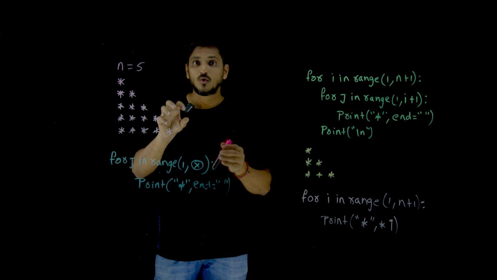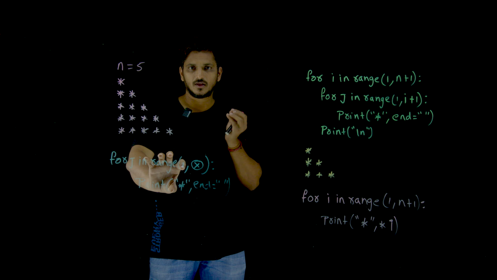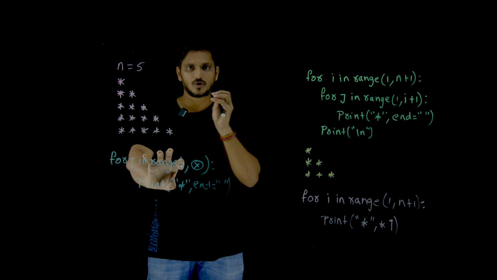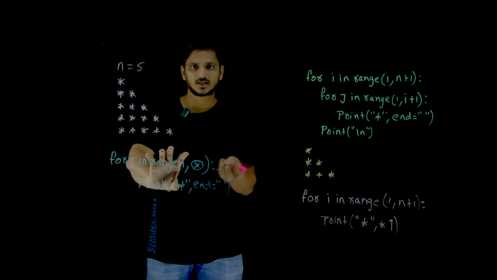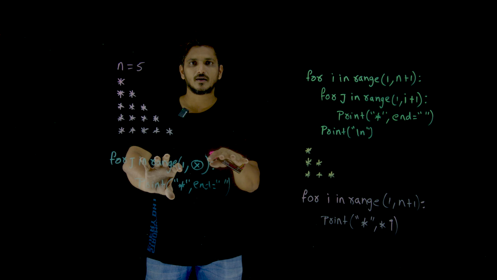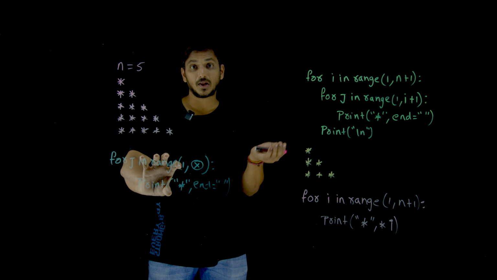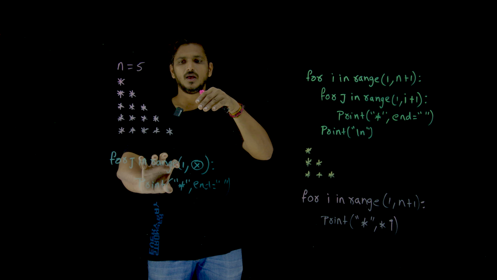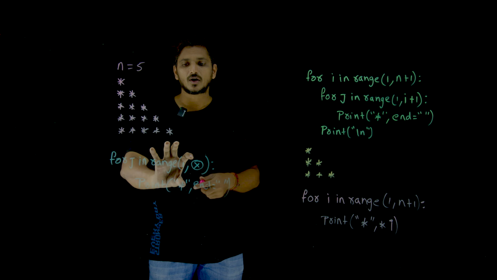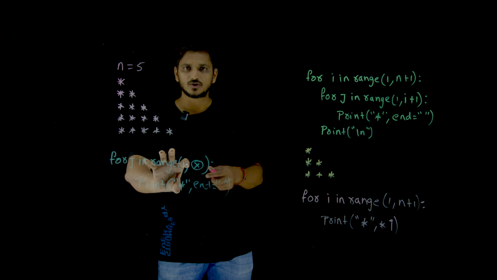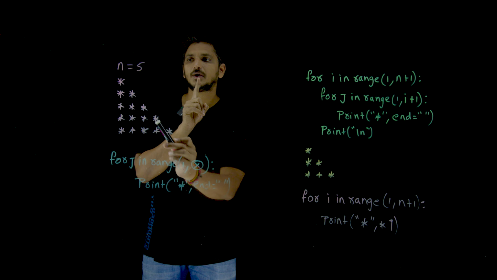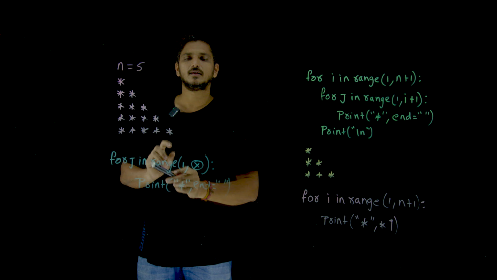Now the same code repeats for the second line, the third line, the fourth line, the fifth line. This means if you place this piece of code in a loop, that is what a nested loop is. But the point you need to understand is that the first time you execute, this loop has to execute one time because it has to display only 1 star.